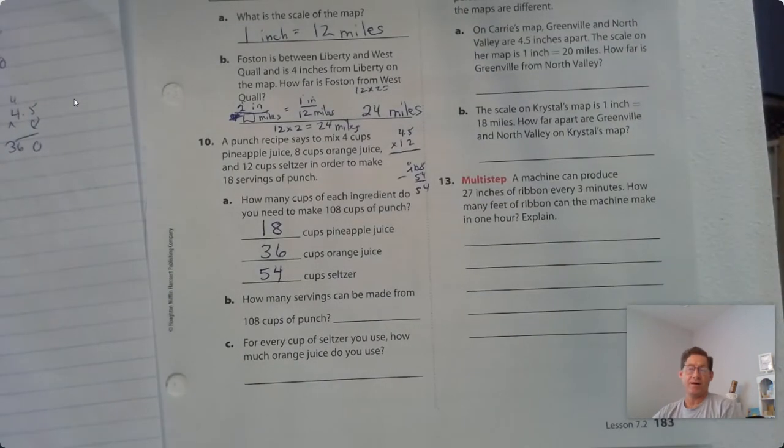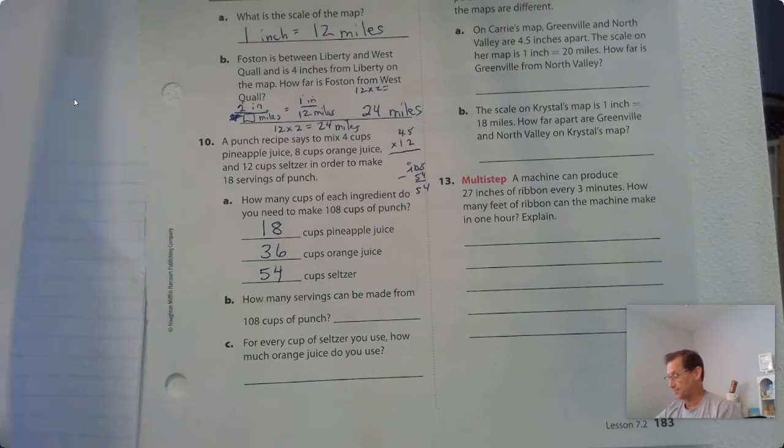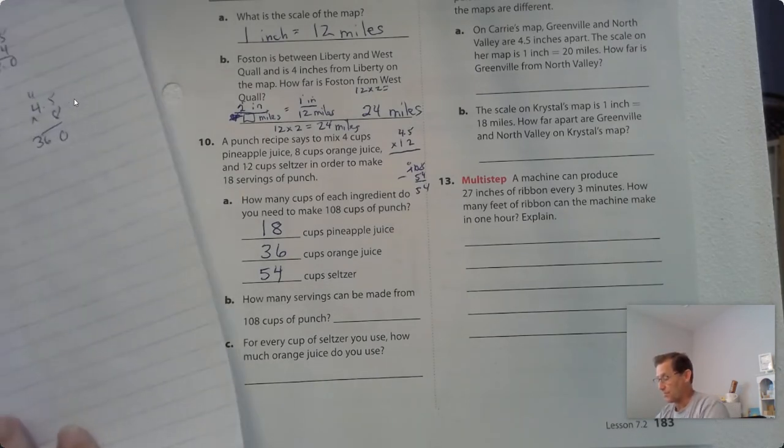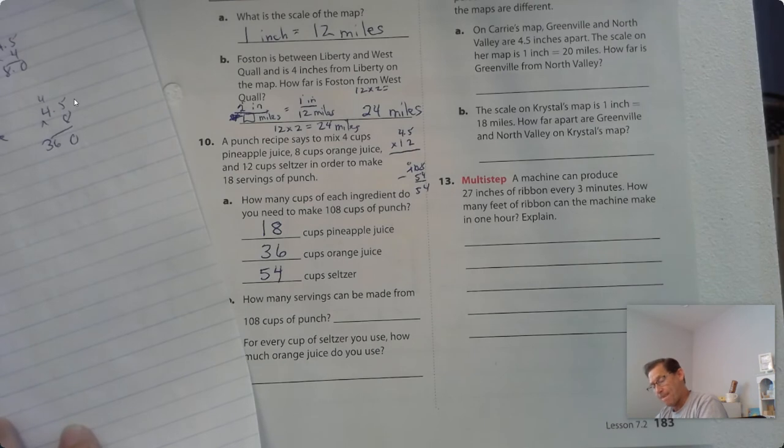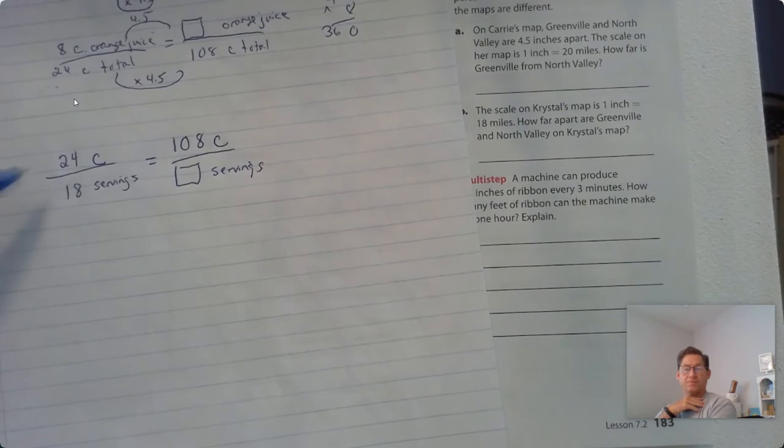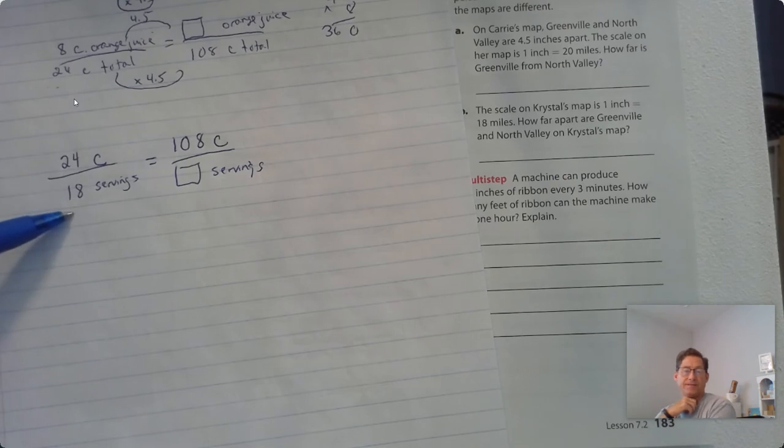All right. So how many servings can be made from 108 cups of punch? In that case, we know that it takes 24 cups to make 18 servings.